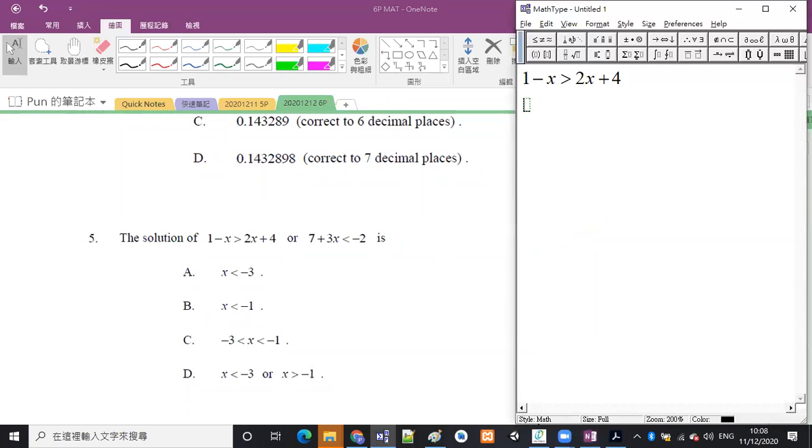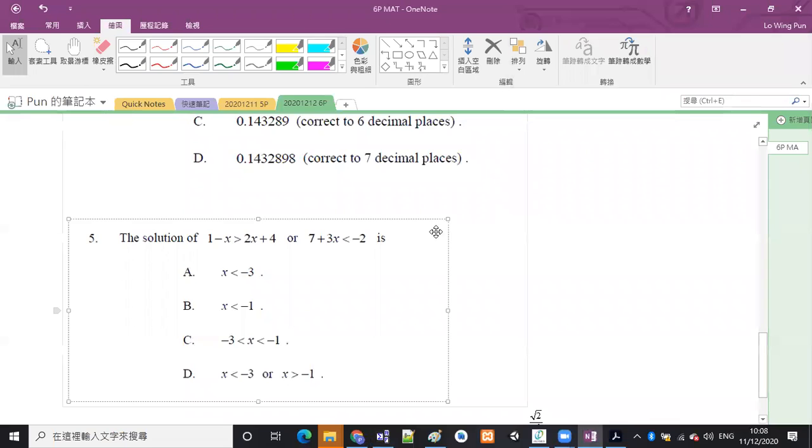Just move the x term to the positive side, like this. So negative 3 is larger than 3x, and divide the 3 to the left hand side. Negative 1 larger than x. And just make x on the left hand side. X is on the smaller side, so x should be less than negative 1. So this is the first inequality.